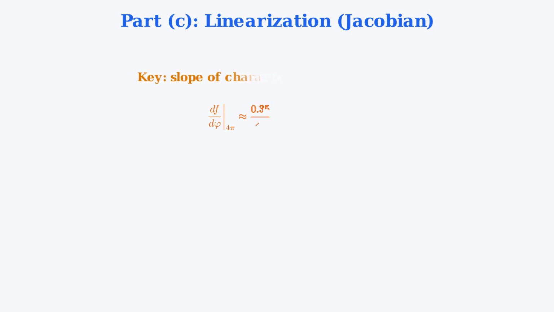Part C. Linearize around the set point. We compute the Jacobian matrices. The A matrix has partial derivatives of f1 and f2 with respect to x1 and x2.